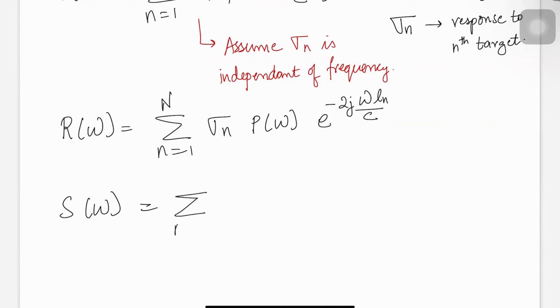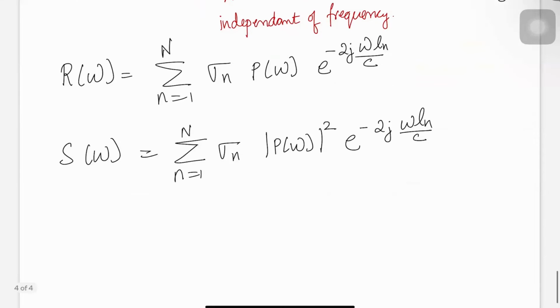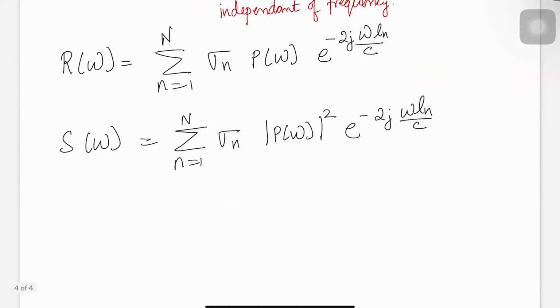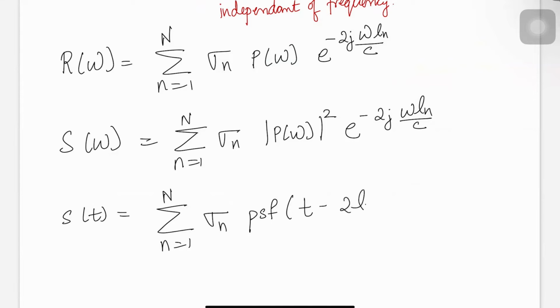So then I can pull the P star in, and that would just give me sigma n times the modulus of P of omega squared times e to the minus 2j omega ln over c. Again, taking the inverse Fourier transform of this would be the summation n equal to 1 to N of sigma n, and from the definition of PSF, this would just be PSF of t minus 2 ln over c.